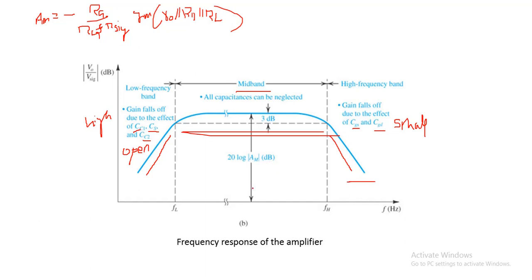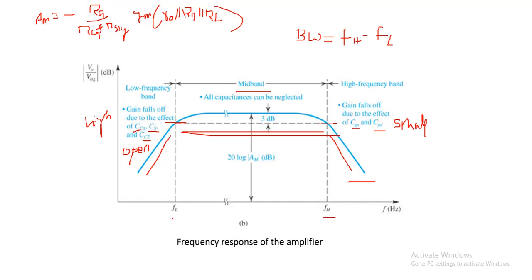Now, the bandwidth of this particular circuit is, as you all know, the difference of the high cutoff frequency FH minus the low cutoff frequency FL. The cutoff frequency is obtained at the 3 dB point, when the gain falls by 3 dB. So at the 3 dB range we get FH and FL.